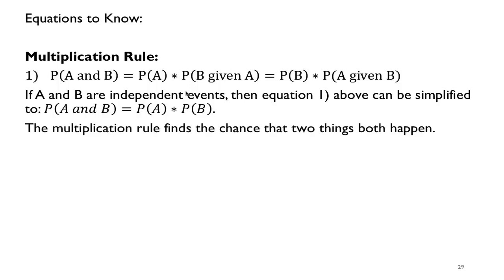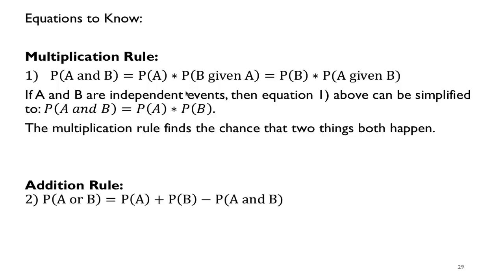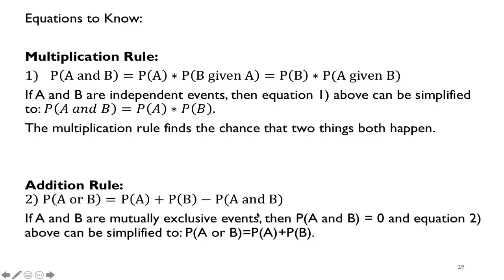The multiplication rule finds the chance that two things happen at the same time. Notice the multiplication rule applies to the AND connective, but the addition rule applies to the OR connective. So the probability of A or B is the probability of A plus the probability of B, minus the probability of A and B. Here's a special case as well.